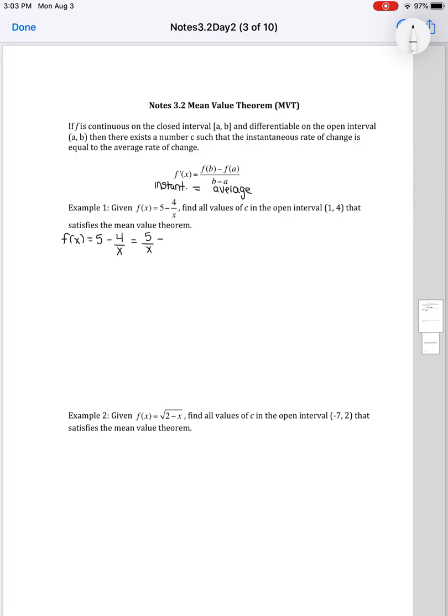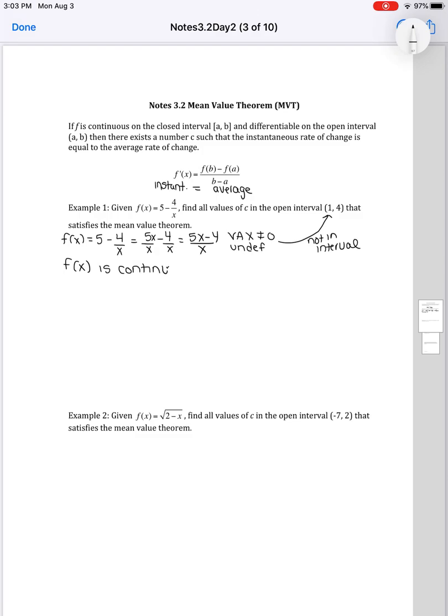So if we look at the function f of x equals 5 minus 4 over x, I'm going to get a common denominator. So I get 5x minus 4 over x, okay? I have a vertical asymptote where x cannot equal 0 in this case, because then it would be undefined. So that wouldn't work, but it's not in the interval.